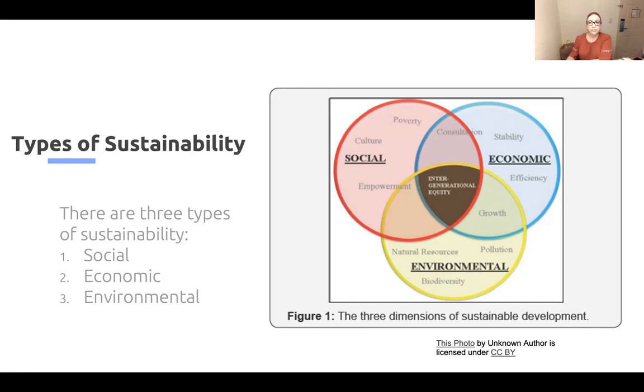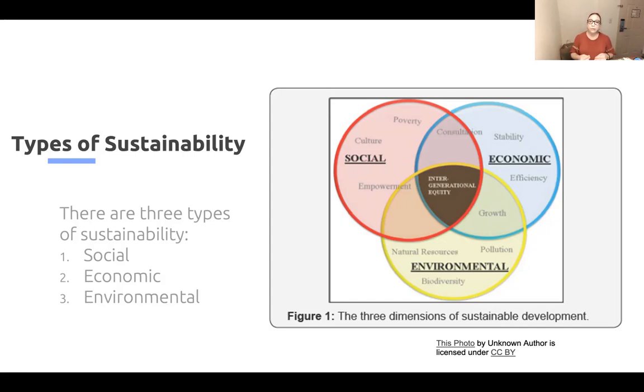Now, economic sustainability looks at businesses, right? So stability in the businesses, but also efficiency. And a third part of that is how goods are produced. It doesn't necessarily say that in this image, but that is part of economic sustainability.